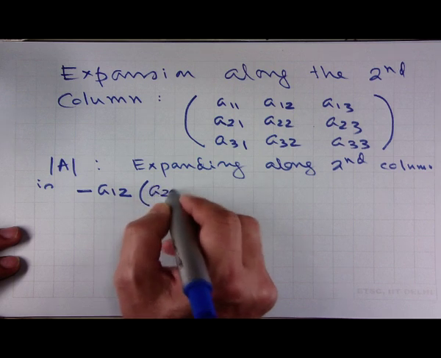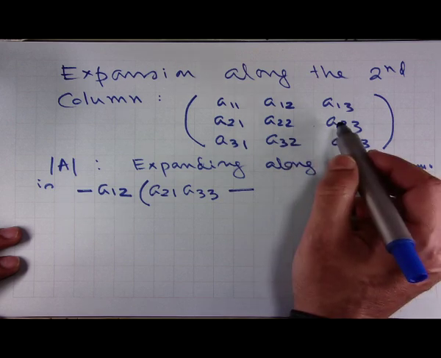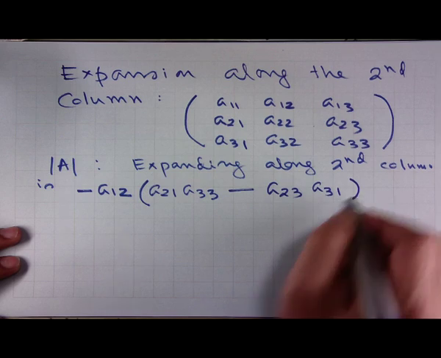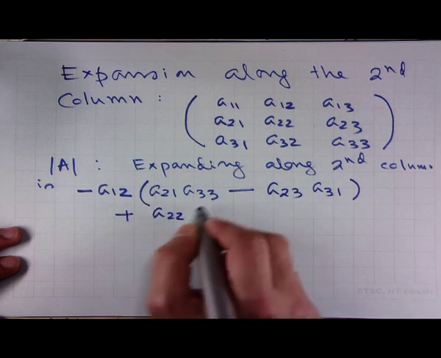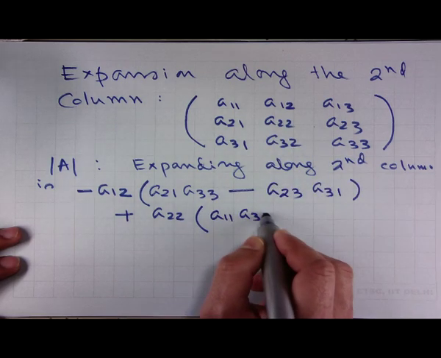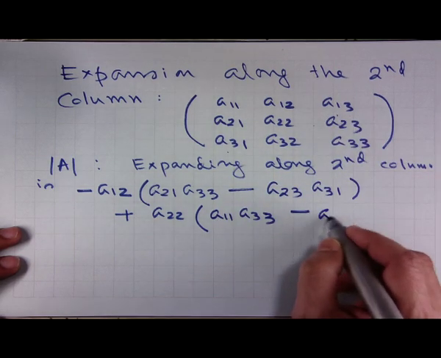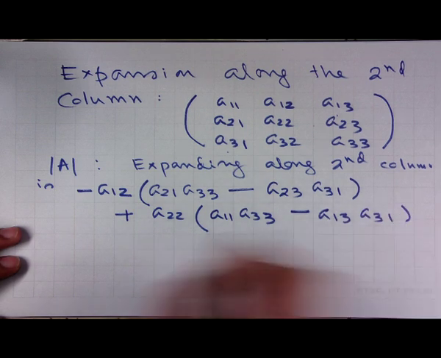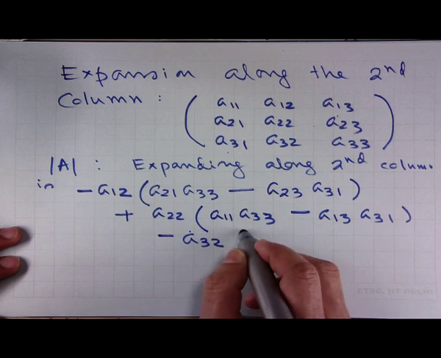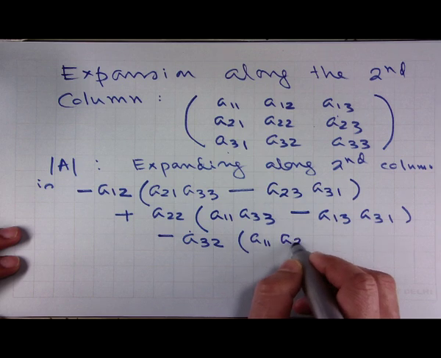A21, A33 minus A31 into A23 plus A22 into A11, A33 minus A13, A31 minus A32 into A11 into A23.